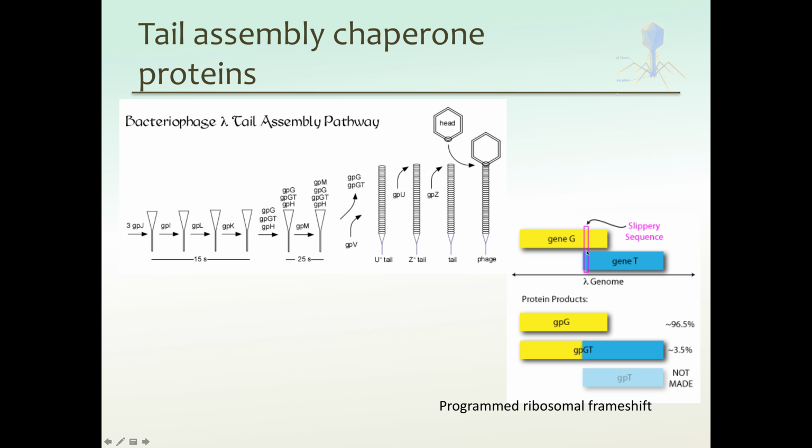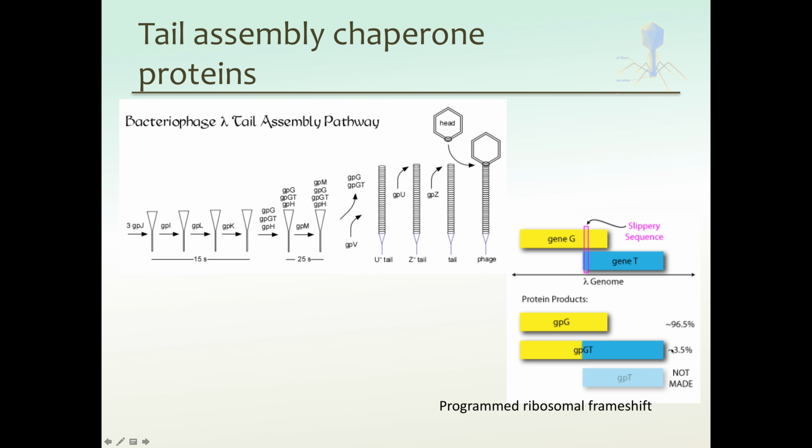But you guys know that sometimes the ribosome comes across the slippery sequence, and it backs up one base, changing the frame, and produces a different amino acid sequence, and it bypasses that stop codon. And now we have a protein that's longer. It's the same amino acid sequence as GpG up to the slippery sequence, and then there's a different amino acid sequence due to the change in the frame.